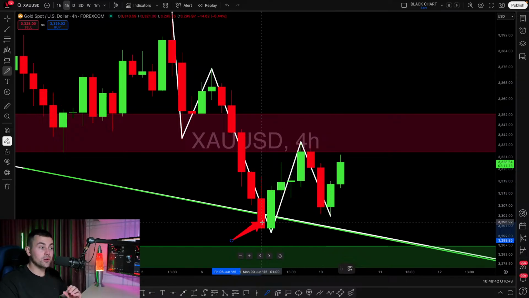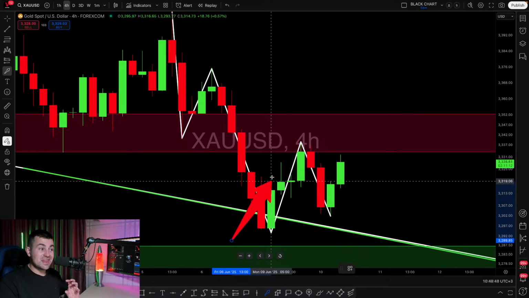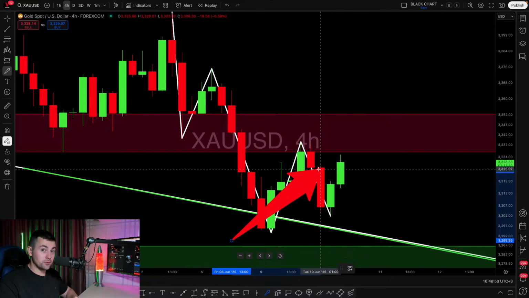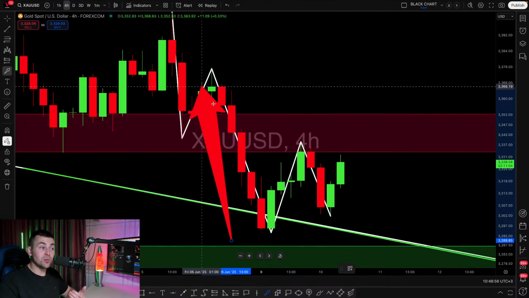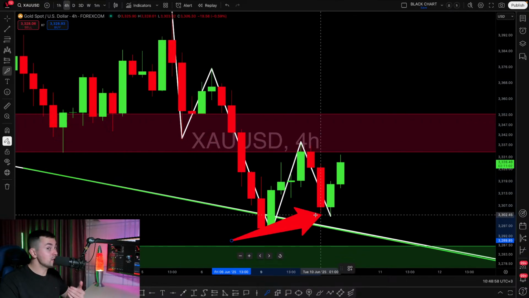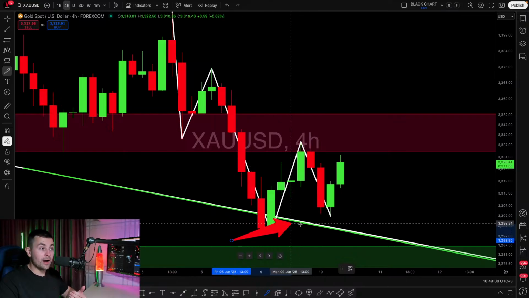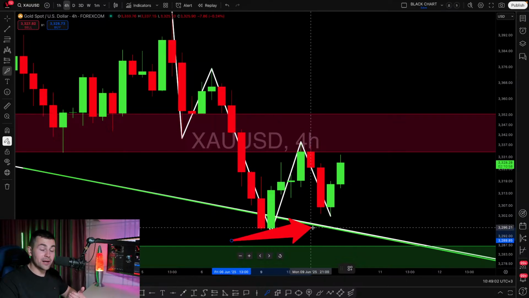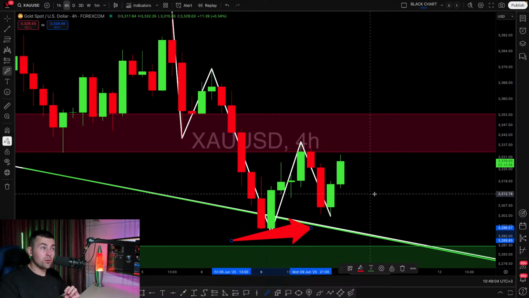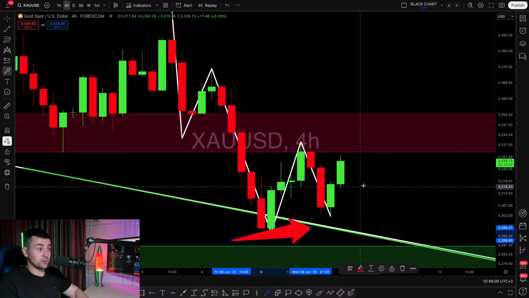The price did not manage to set even an equal low. And that is the sign already that sellers are weakening, that sellers are exhausted. This minor bearish trend is becoming weaker after the test of that trend line. That is our first important clue.